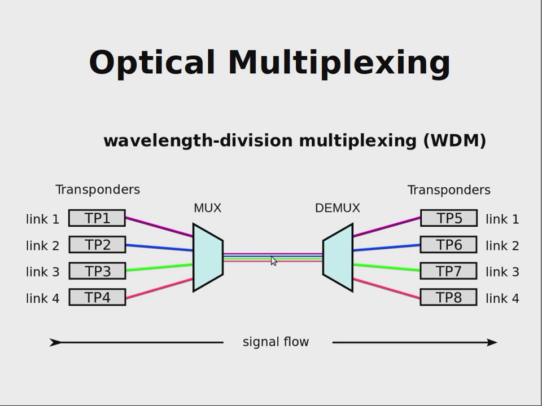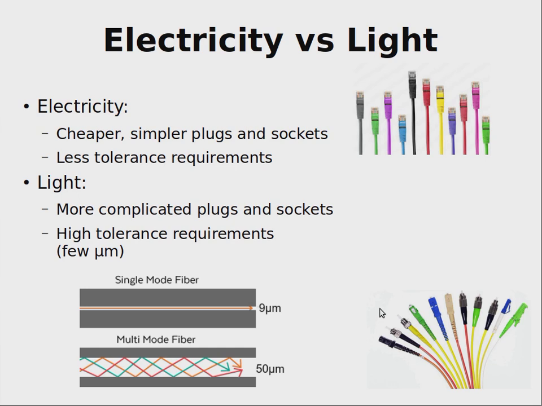So this is frequency multiplexing, when you put different colors of light through the same cable and then you filter it out very precisely and send this data. Because of that, in most cases, optical networks are used for global networking.